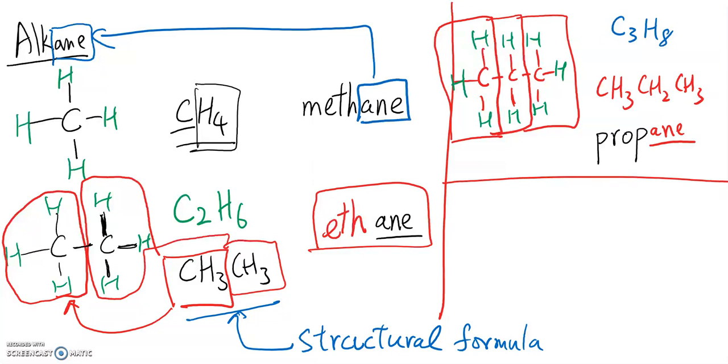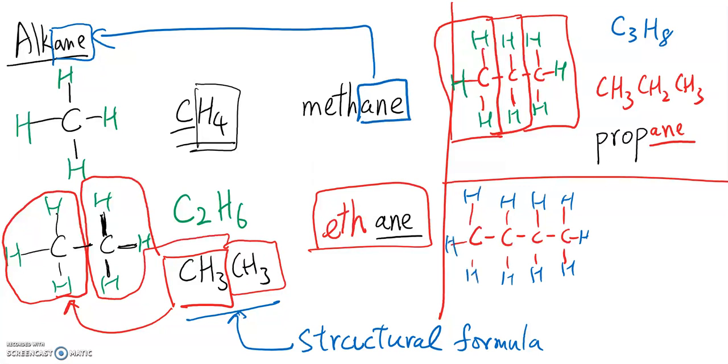So let's look at the last member that we want to discuss today. The last member contains 4 carbons, so 1, 2, 3, 4. So this member contains 4 carbons, and the rest are filled with hydrogen.